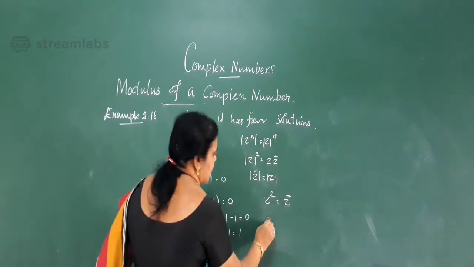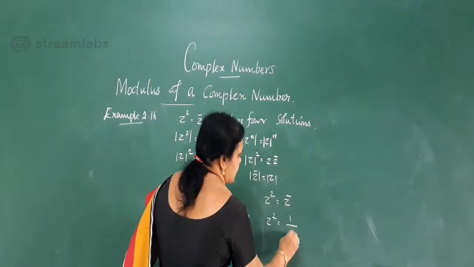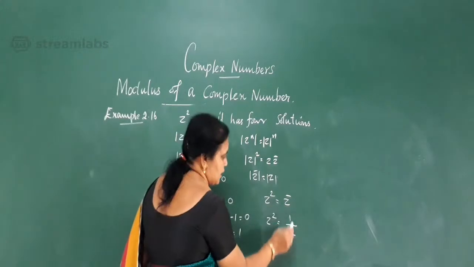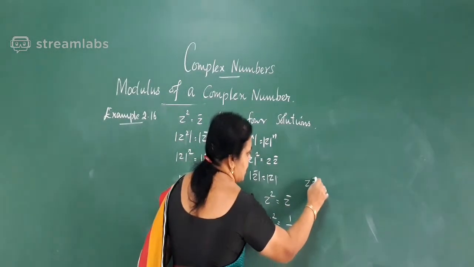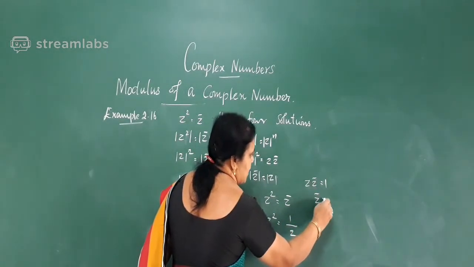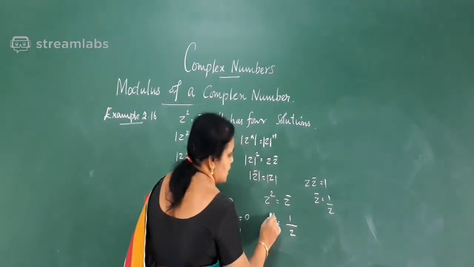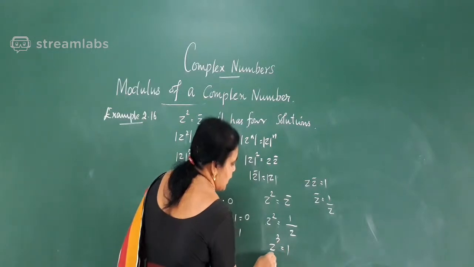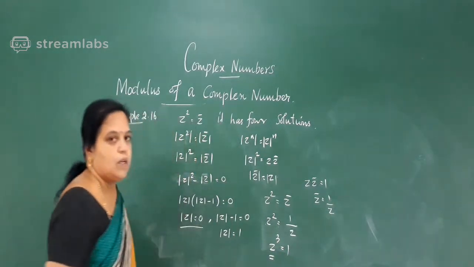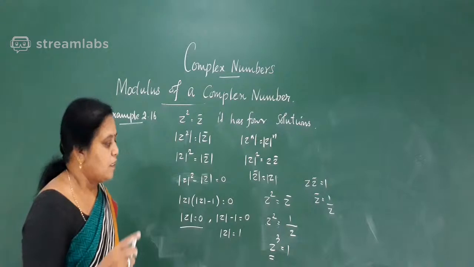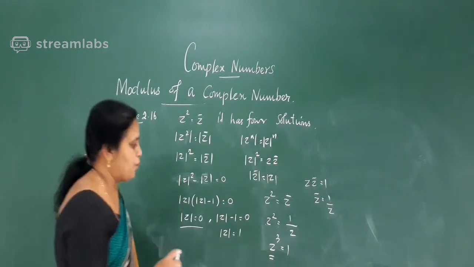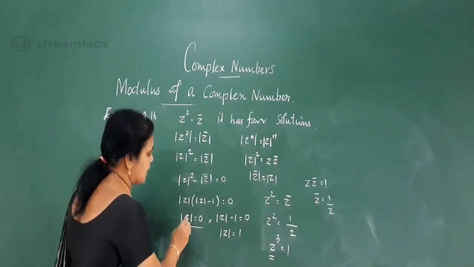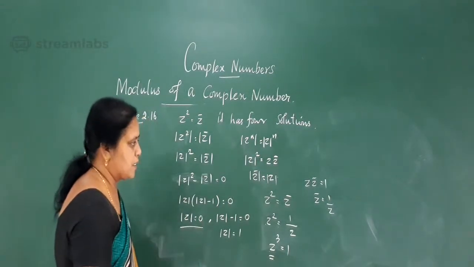This z bar we can write as 1 by z, easily we can do this. So z square equal to 1 by z. See, z cube is equal to 1. Here the power of the complex number is 3, so for this complex number, surely it will get 3 solutions. Already 1 solution is there, z equal to 0.